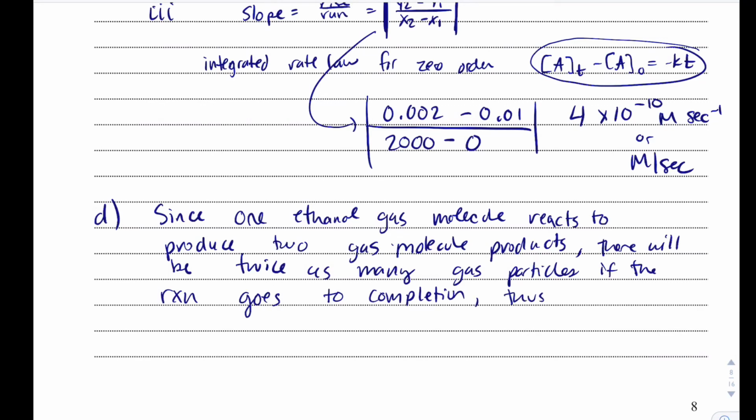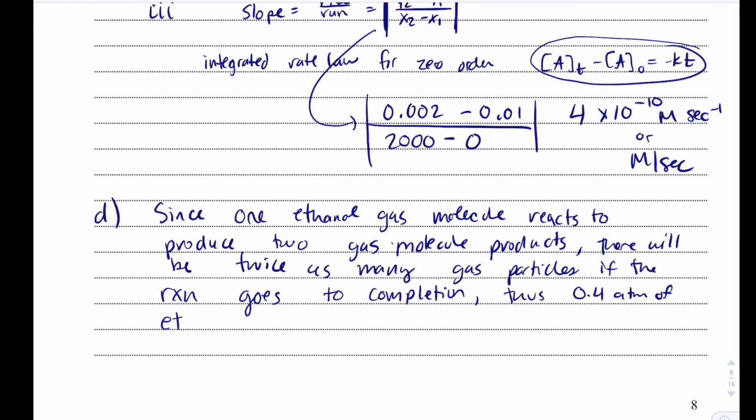Thus, 0.4 atm of ethanol would result in 0.8 atm of product.